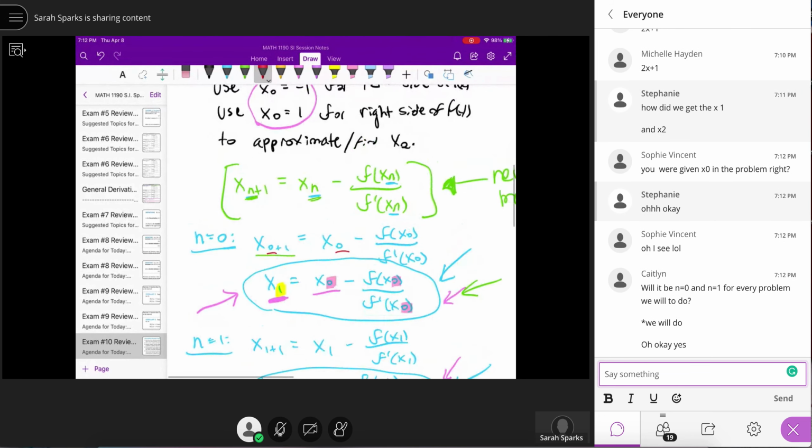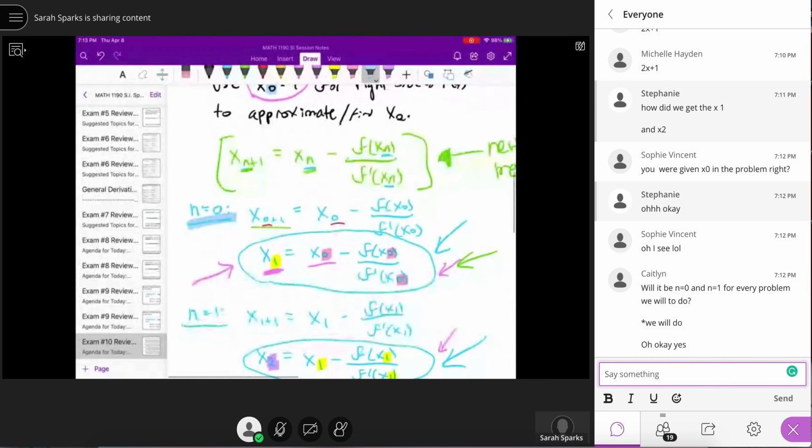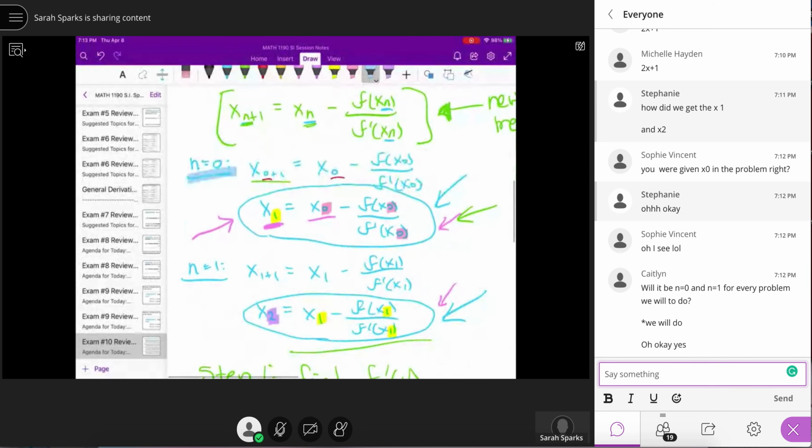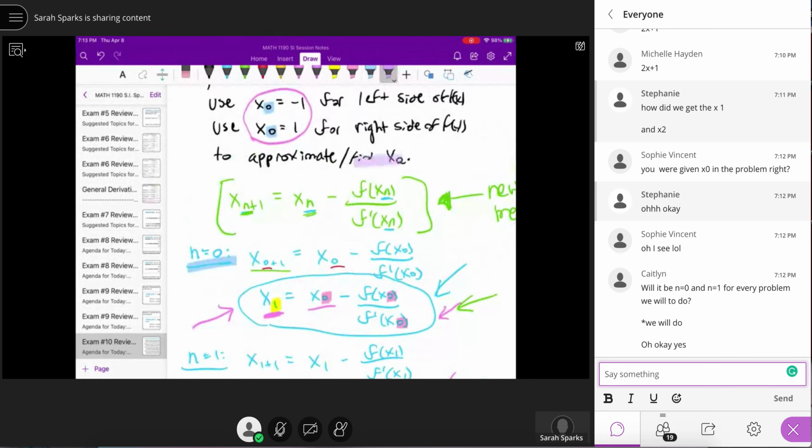But in general, they're going to give you x naught. And I guess that's a good way, I hadn't thought about that, but that's a good way to know what n you're going to plug in. You see that there's a 0 right there, so that's why we're plugging in n equals 0 first. And then after we find x1, you see that we're plugging in n equals 1. And we know we're going to have to use the second formula because they're specifically asking us to find x2.